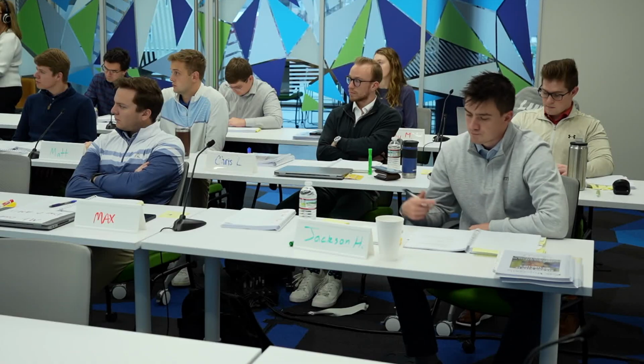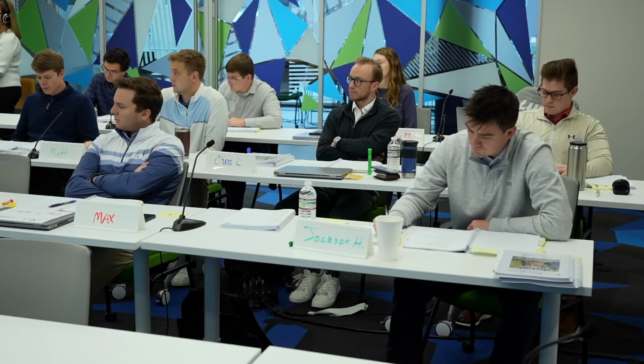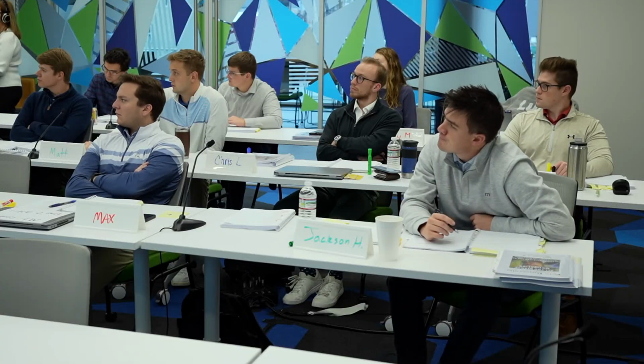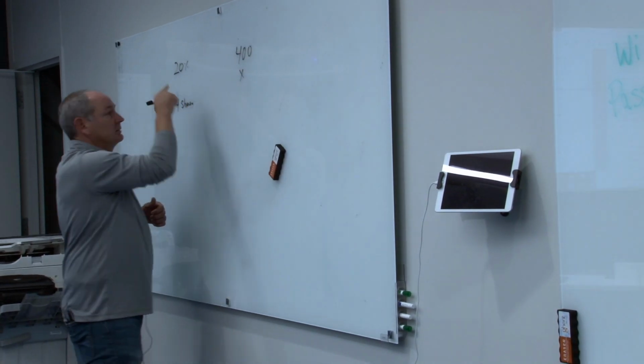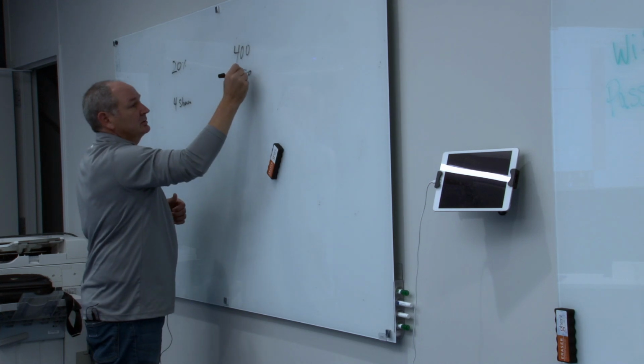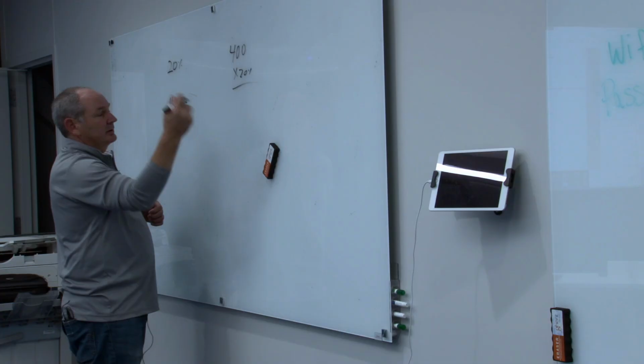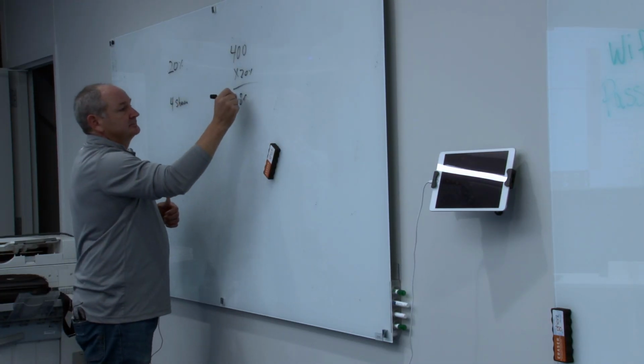So how much was your income, Jackson? It was 400. So 400 times, what's my tax rate? 20%. What's my tax? It's 80. I say stupid math all the time, too. Sorry, the 10 keys.